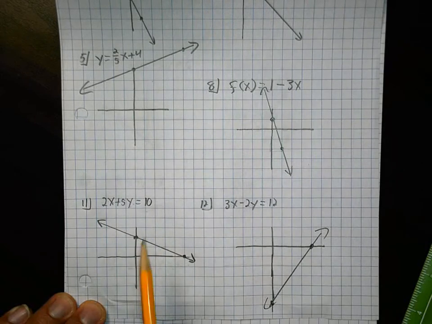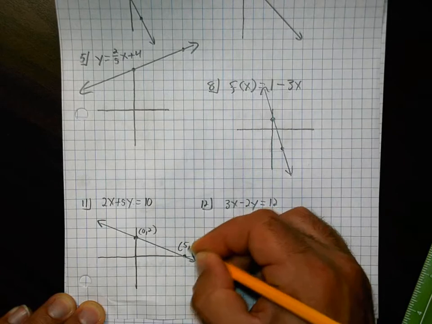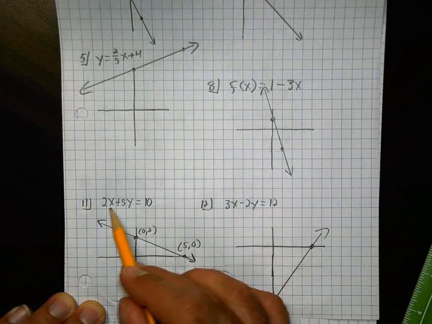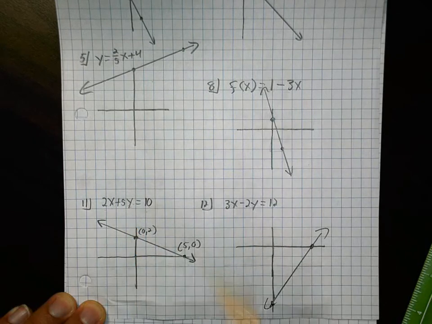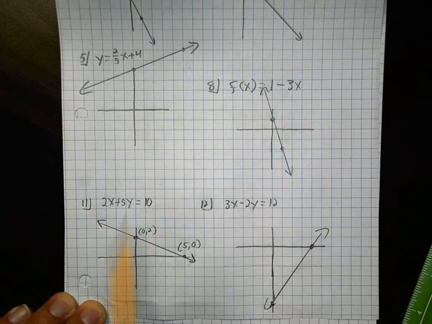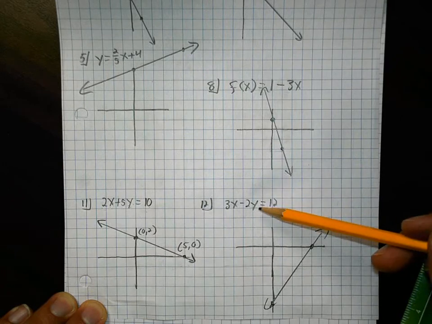So this is 0, 2. Sometimes you can see it by plotting those points. 2 times 0 is 0, 5 times 2 is 10. Substitute 5 in here, 2 times 5 is 10, 5 times 0 is 0. Those 2 points work.